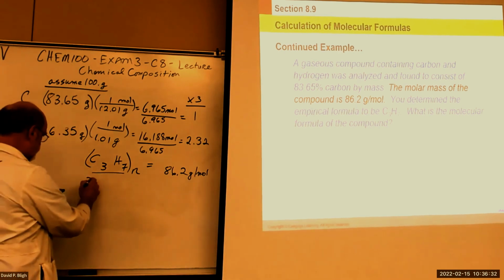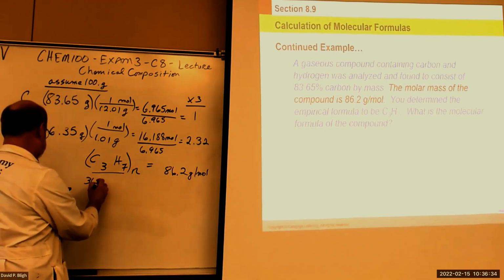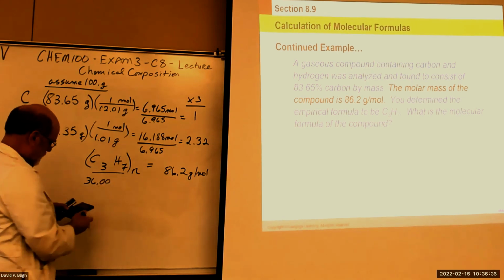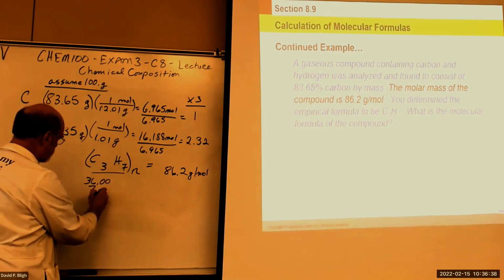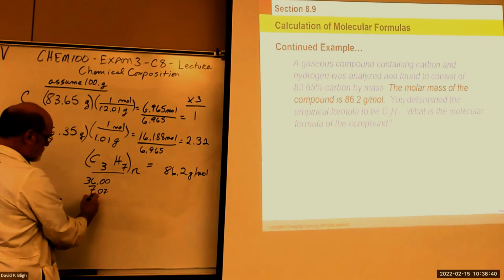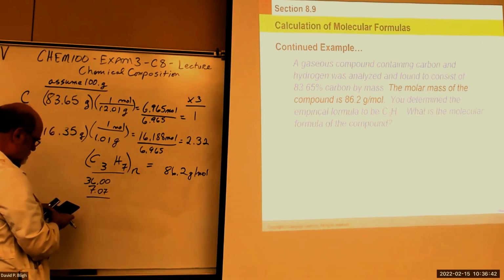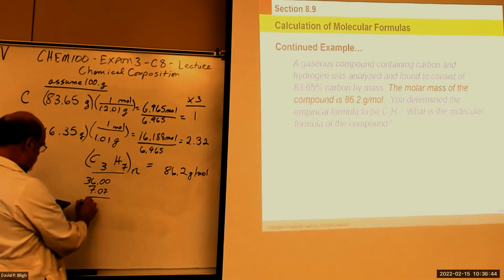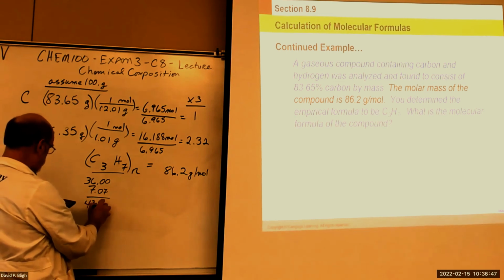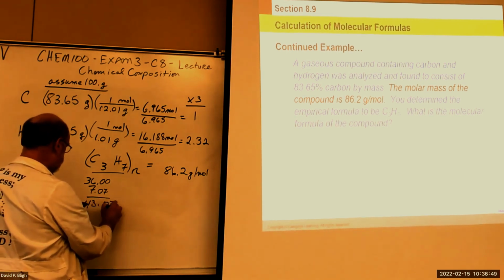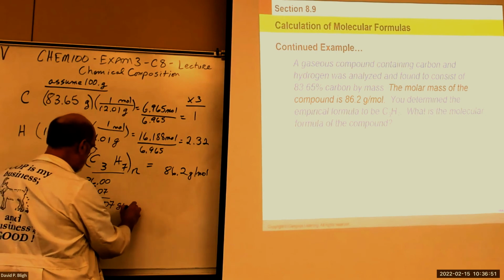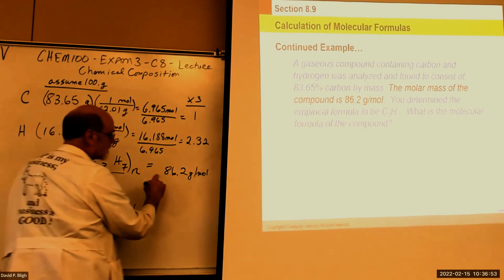Right? So that's 36.00. And then 7.07 for hydrogens would be 43.07 grams per mole.